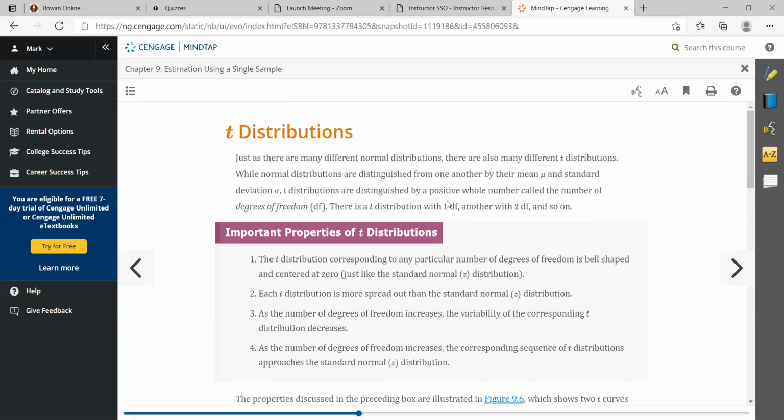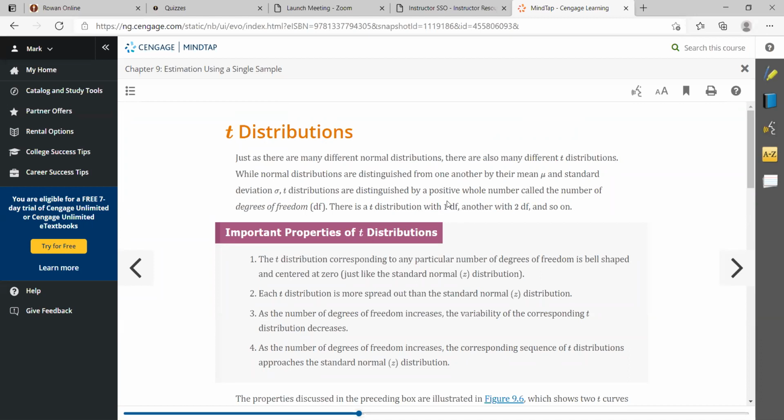If the population standard deviation sigma is unknown, we use the sample standard deviation instead, S, and the standard error becomes S divided by the square root of n. If the population standard deviation is known, then we use sigma divided by the square root of n as the standard error.